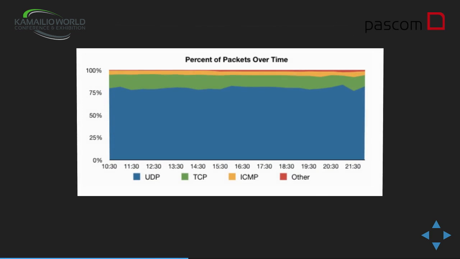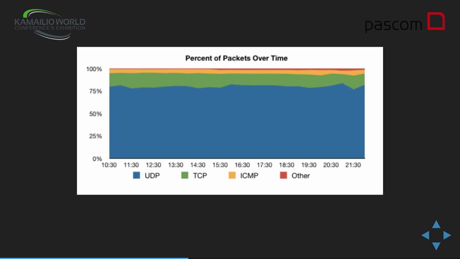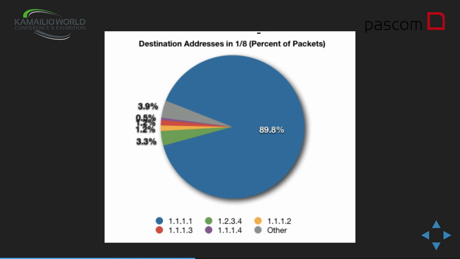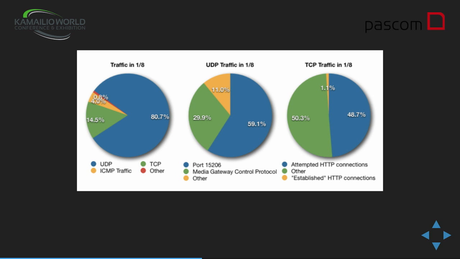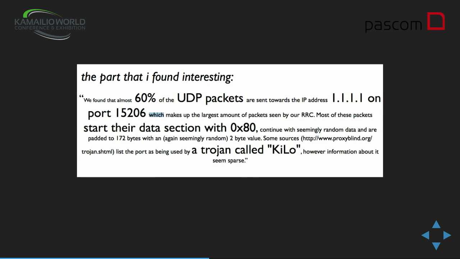The nice thing about this is that they published some statistics. It was mostly UDP, mostly towards a certain IP address, and mostly on UDP at least, to a certain port, 15206. I highlighted the stuff that I liked.